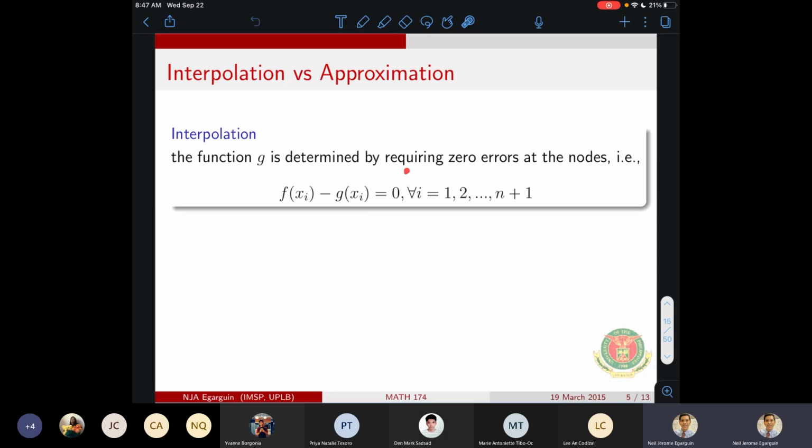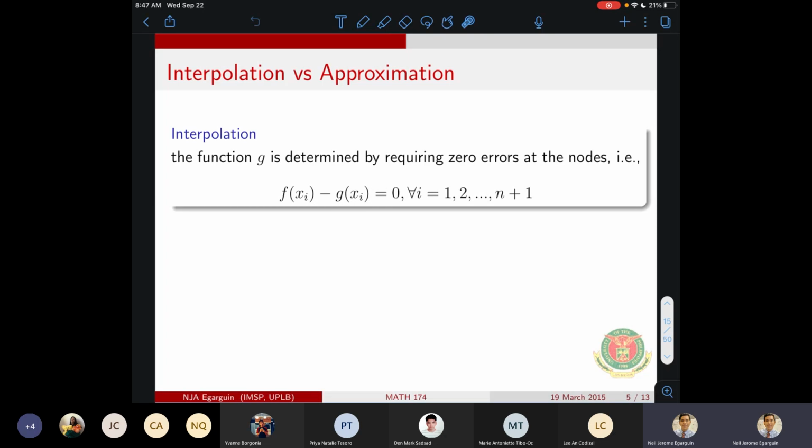Kaya naman, ini-impose natin tong condition na to. The f of x_i, which is the given y values in the data, minus g of x_i, which is the function value at the nodes given in the problem under the function g, which we designed to mimic the function f, must be equal to 0.